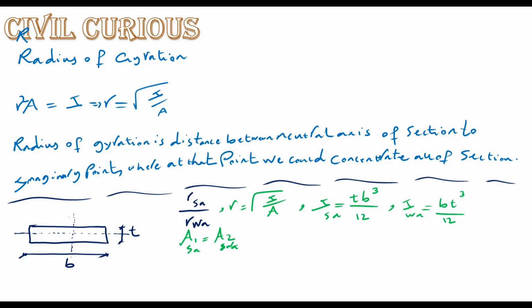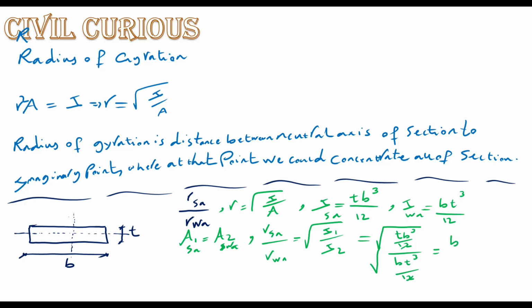So we can write now the equation. So here r strong axis divided by r of weak axis, we could remove sections, and we have here radical I1 divided by I2, which is equal to radical t times cubic b divided by 12 divided by b times t to the power of 3 divided by 12, which is equal to b divided by t.